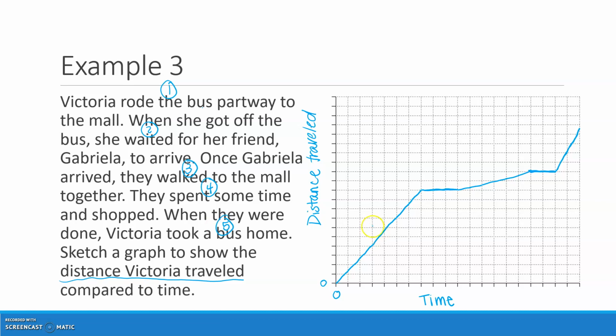So there are 5 pieces, and I see 1, 2, 3, 4, and 5. So these are the 5 elements that I would need to see in a graph.